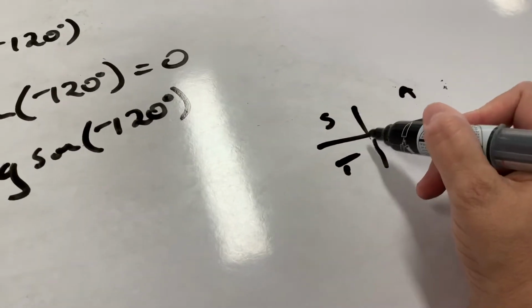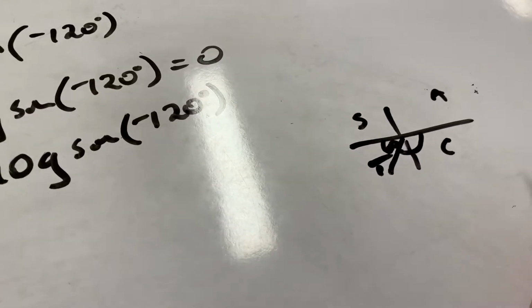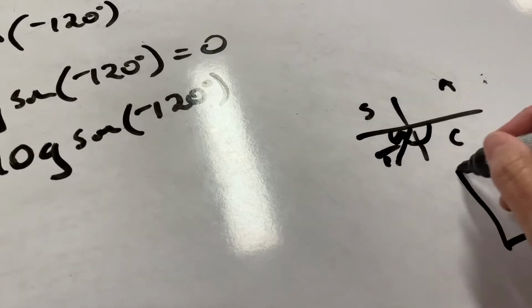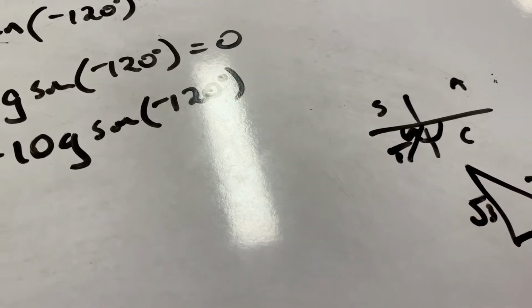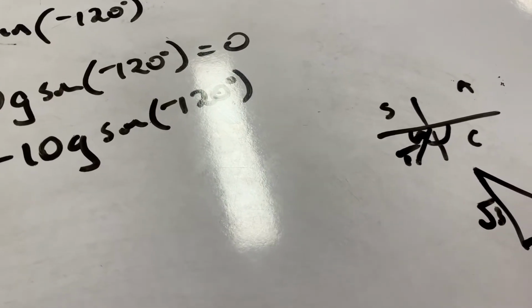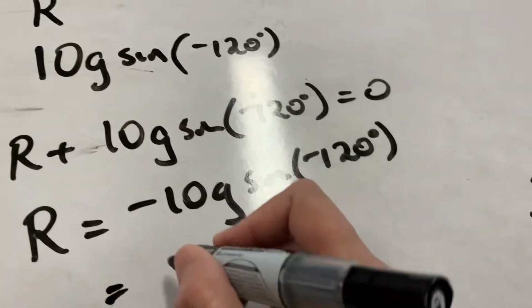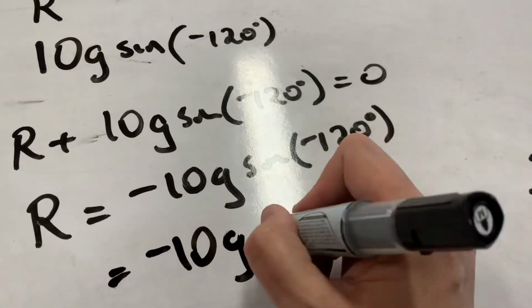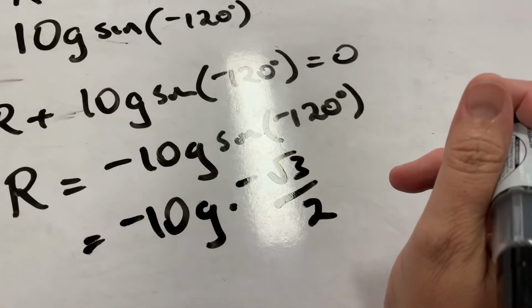Sorry, you can do it on your calculator if it's tech active, obviously, but negative 120 is that way. It makes a 60 there. We know 60 is 1, 2, root 3. 60 sine is root 3 on 2, and it's in the negative. So it's going to be negative 10G by negative root 3 on 2.